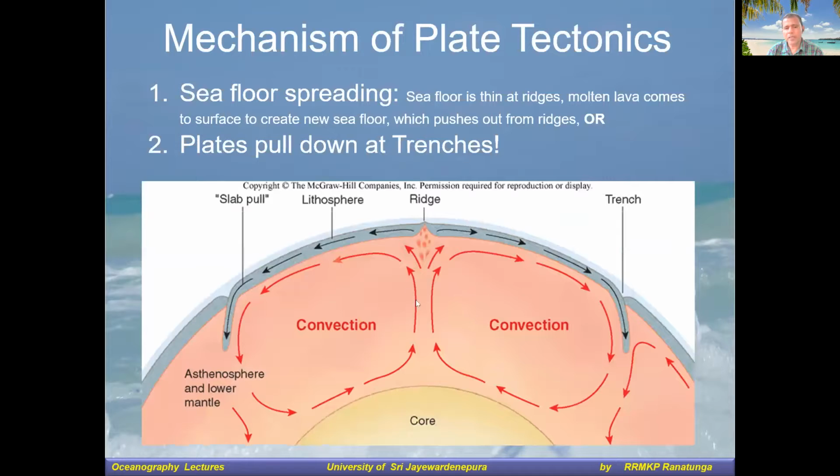basically it is explained as a sort of convection current. You know, the continental crust here is the solid part, and underneath, the mantle is more or less fluid or liquid magma, which has some fluidity. It can move, and there is some convection current here.